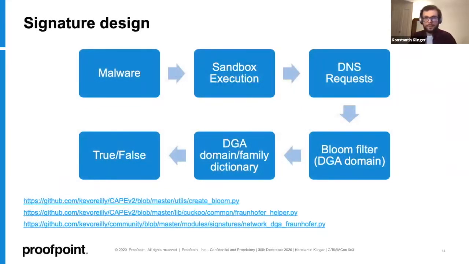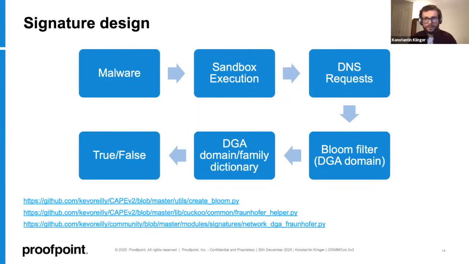Now we have everything we need for the signature. We've chosen a Bloom filter library, and we can now proceed looking into the signature workflow. A malware gets executed in the sandbox, and some of them are doing DNS requests.